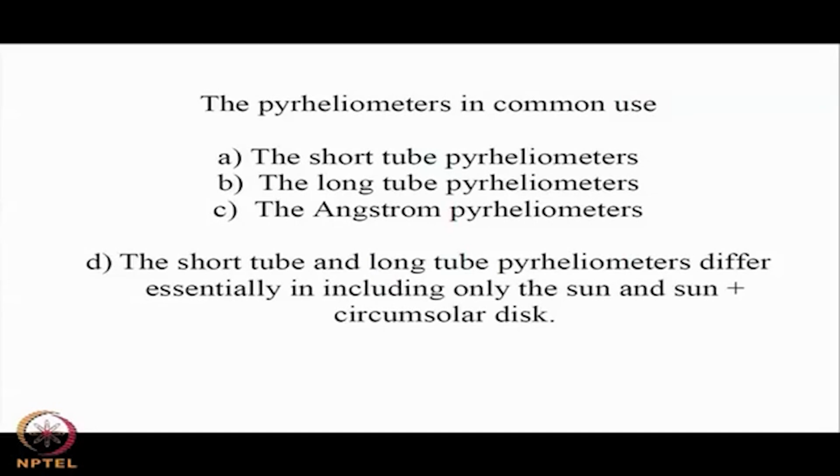The short tube and long tube pyrheliometers essentially differ in measuring either the direct radiation coming only from the sun or from the circumsolar disk around the sun, which is equal to the radius or diameter of the sun.